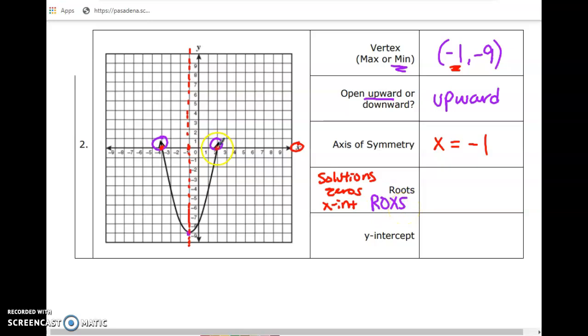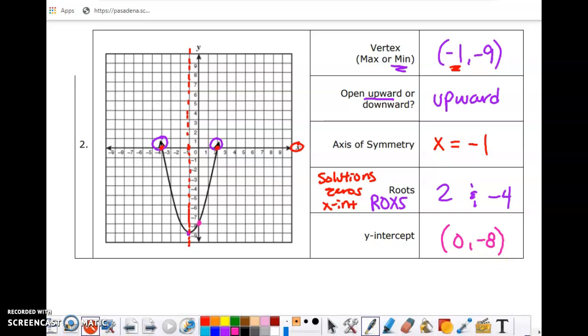Okay, that's at 2 and -4, because if we count, that's -1, -2, -3, -4. So it's at 2, and there's one at -4. Okay, and the y-intercept, where it crosses the y-axis, is right here at -8. So we would say 0, -8, because that's your y. Okay, let's go to the next one.